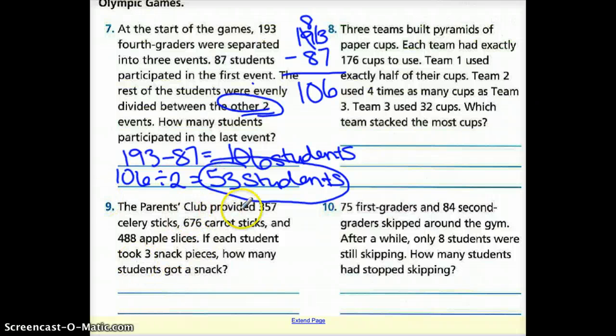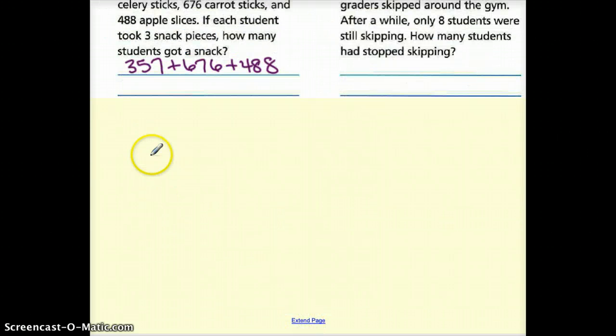So first I need to find the total number of snack pieces. So I'm going to add 357 plus 676 plus 488. Extend that.